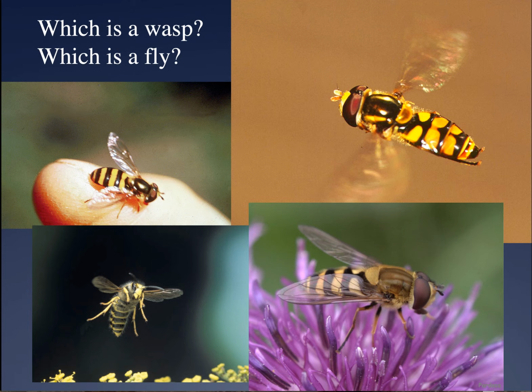I have had them fly in between my eyeball and my glasses and sting me on the eye because they get kind of trapped there and get really angry. And so then they stung me there. That was a bad day. But generally, you can look down. And when I'm on my deck here in Carlinville, most of the time, what lands on me that's black and yellow is one of these guys. It's a bee mimic that's actually a fly.